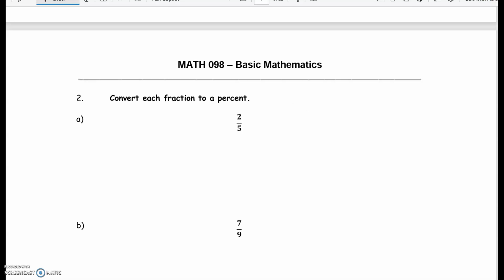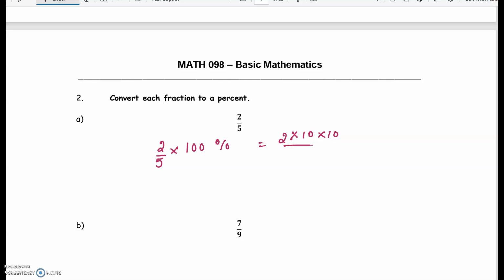Now we have a fraction instead of a decimal. So 2/5 times 100%. Now we can write this as a mixed number or a decimal, so it's just easier to write it as a mixed number. So that is 2 times 10 times 10.